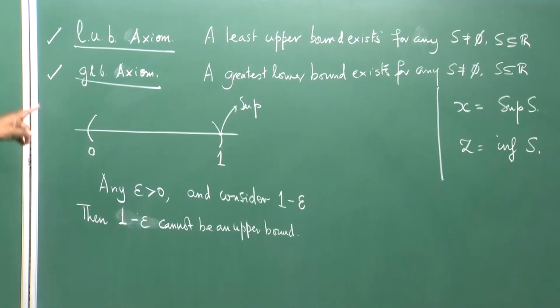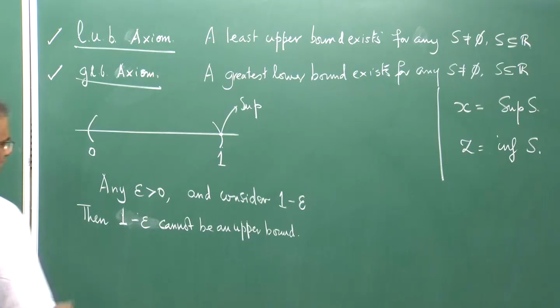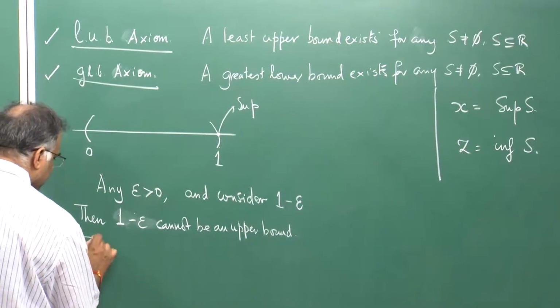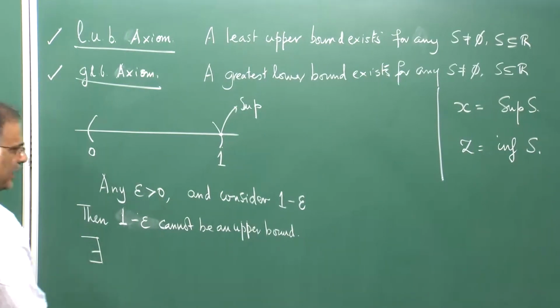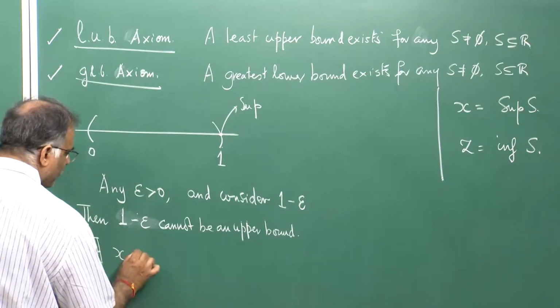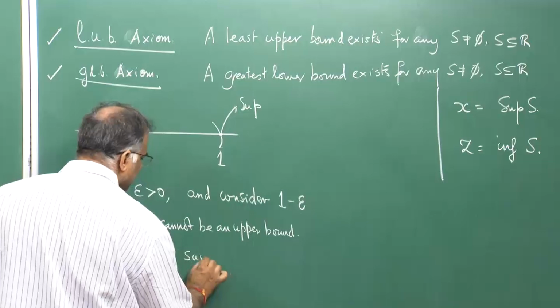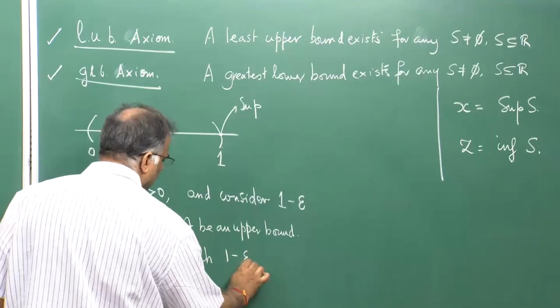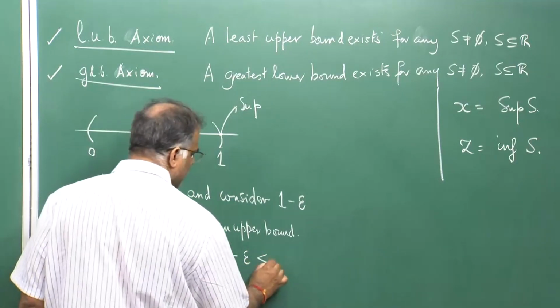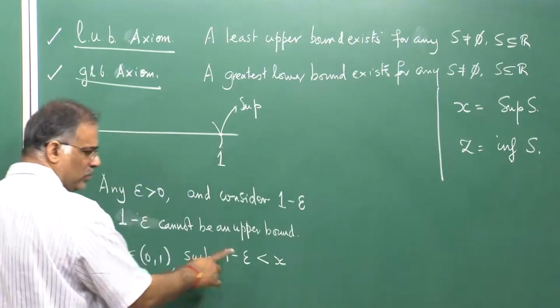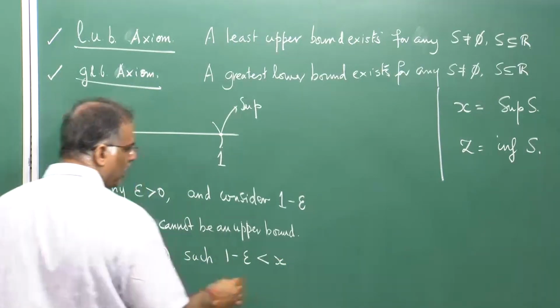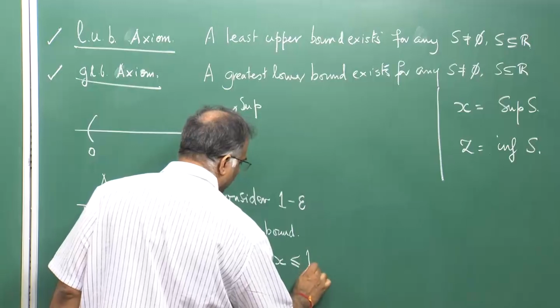So, if it cannot be an upper bound, what does it mean? It means that there exists, which I write in short, there exists x from 0 1 such that x is strictly bigger than 1 minus epsilon. So, 1 minus epsilon cannot be an upper bound and x is less than or equal to 1.